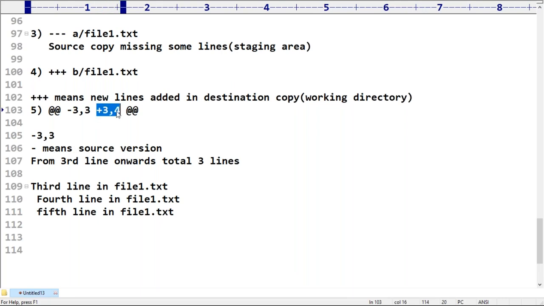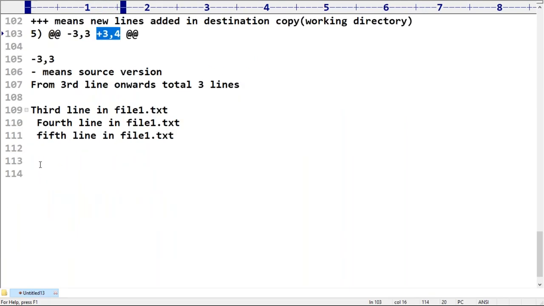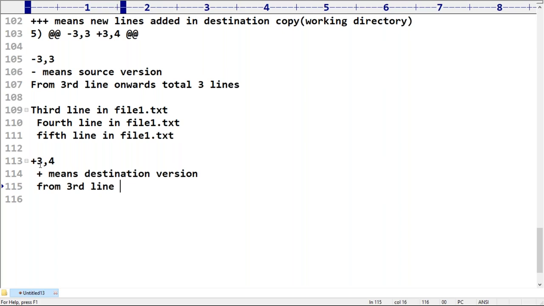Next, plus 3 4. What is the meaning of this? Plus means destination copy, and destination version means working directory. So from the third line onwards, a total of four lines.